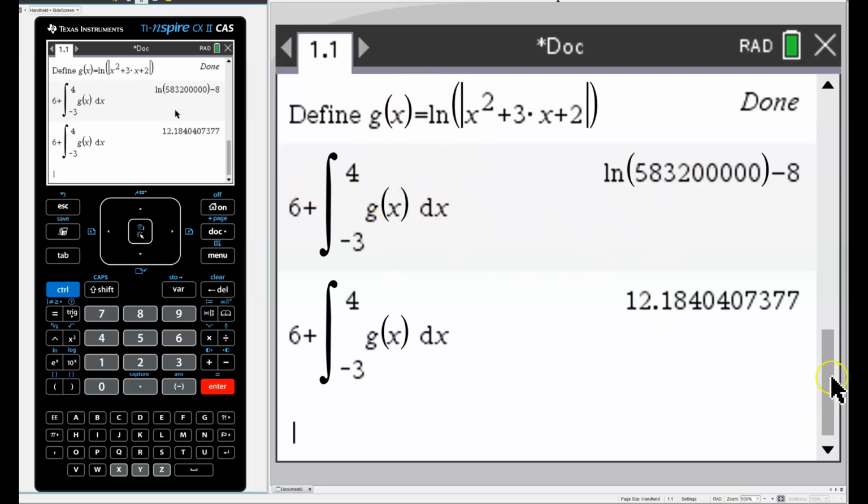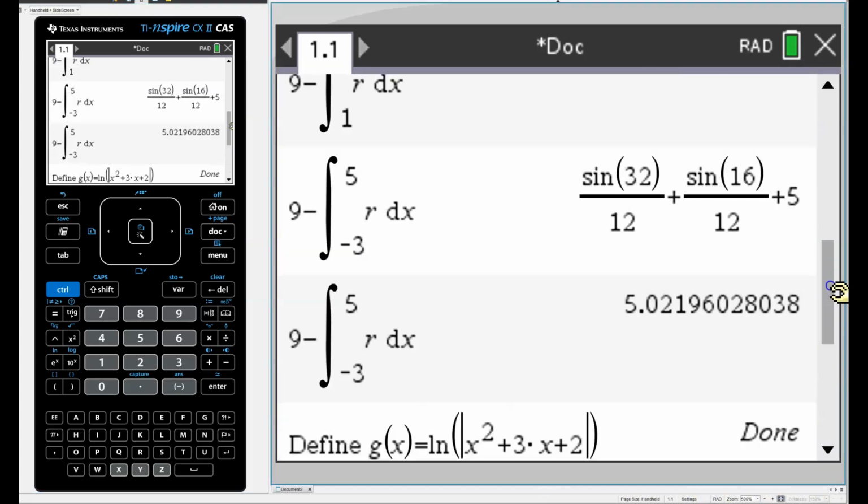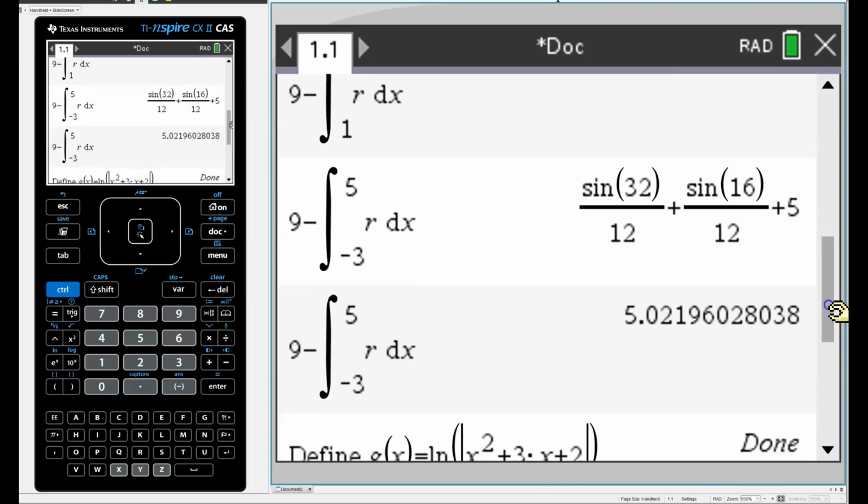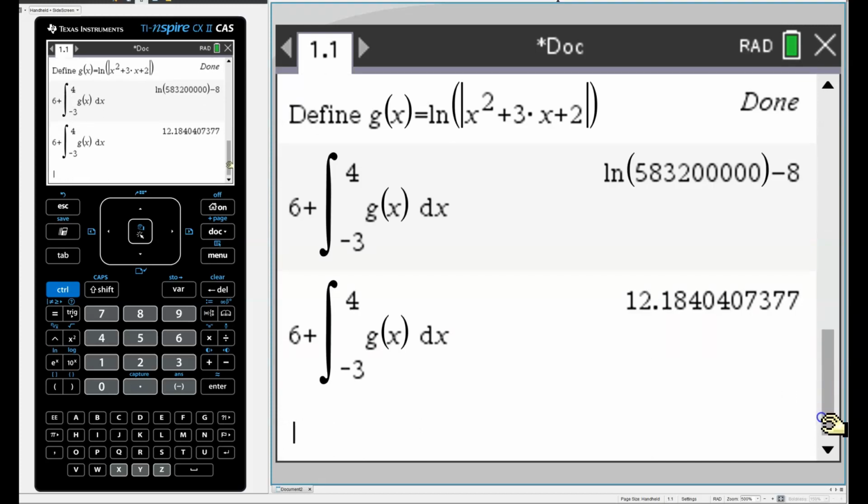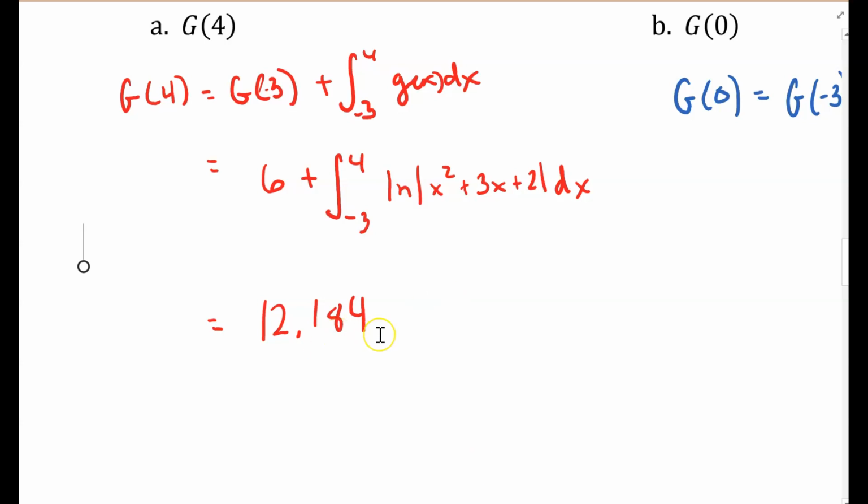If you define it as something else, like in this example we called it r, and you're going to write that on your paper, that integral, then you want to make sure that you write that define r on your paper so the reader knows that you're using that, okay? So anyway, here is the integral, and I approximated, and we got 12.184. Okay, which I wrote here.